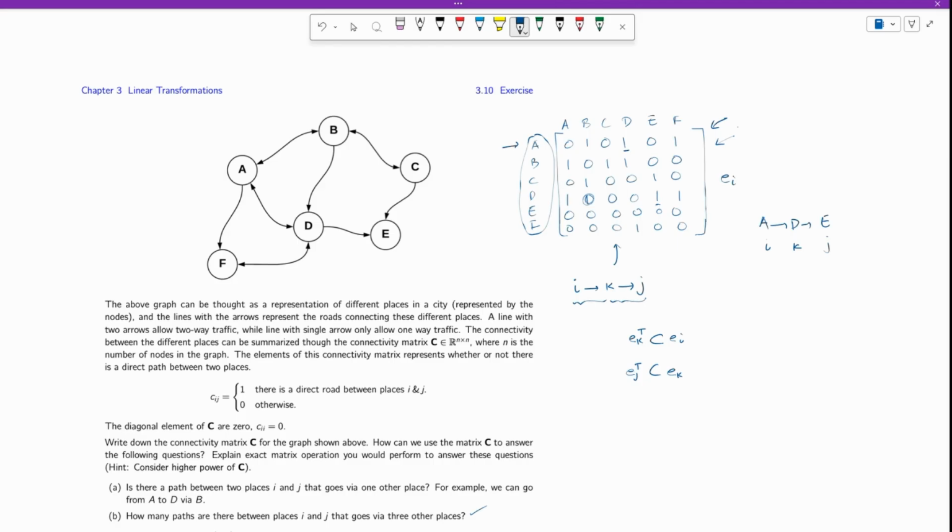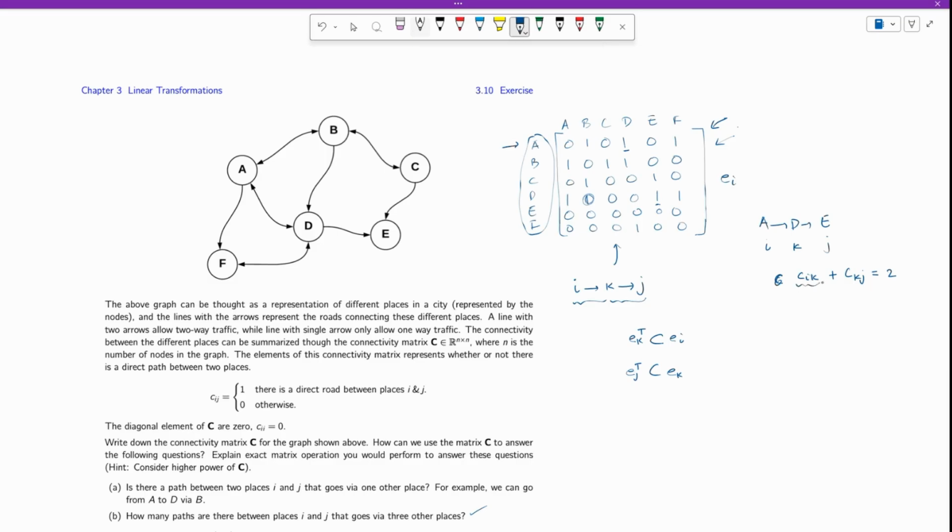Or the sum of the two has to be 2. If it's less than 2, then one of the connections or both don't exist. That means Cik plus Ckj, if this is equal to 2, then I'm fine. Then there is a path.